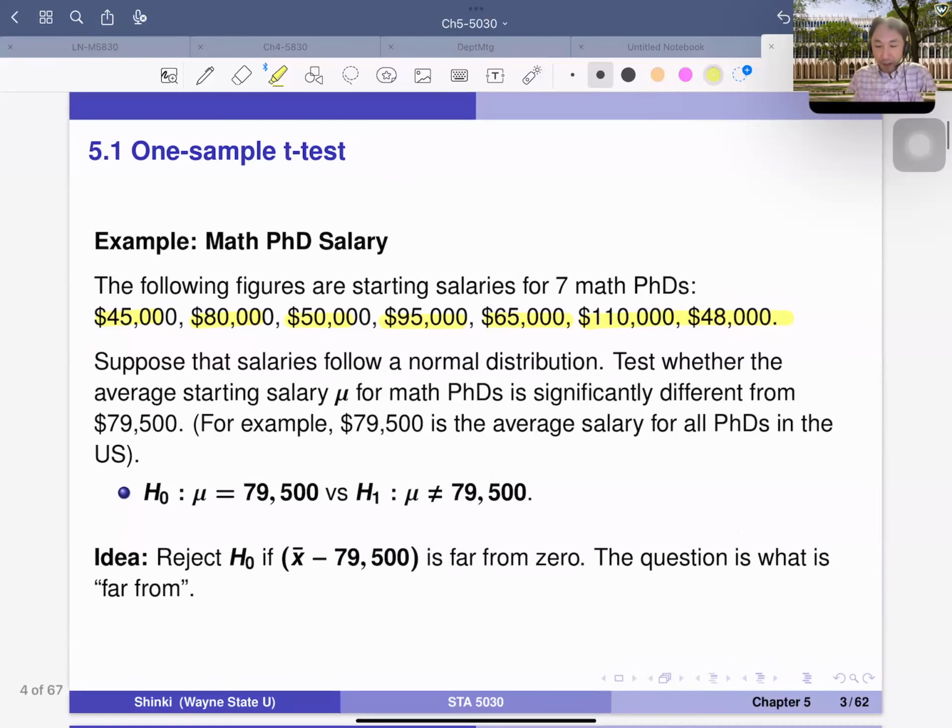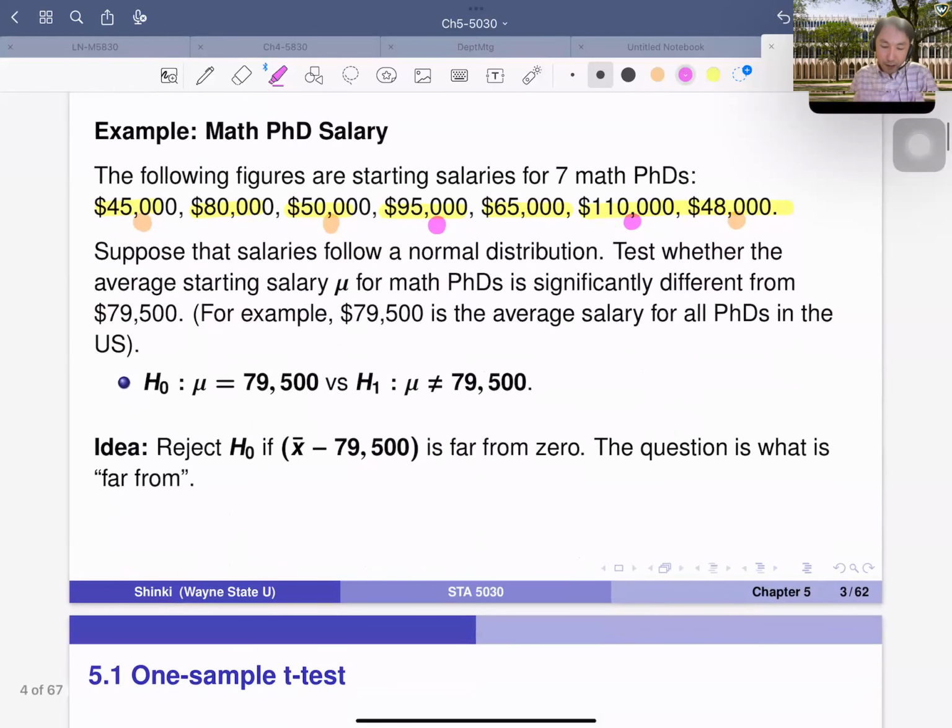If they become postdocs or pursue some academic career, the salaries are in this range. If they go to industry and work for Meta or Apple, then salaries are higher. Maybe these days it's even higher.